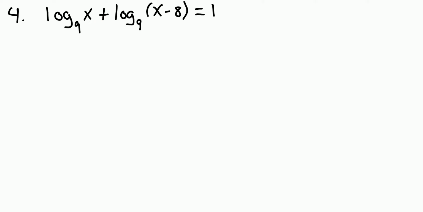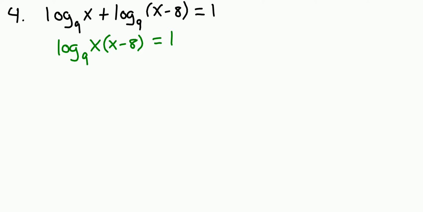So this changes to, since it's addition, I use multiplication, log base 9 of x times x minus 8 equals 1. See how I went from addition, and I had 2 logarithms, I went to only 1 logarithm, and I used multiplication.